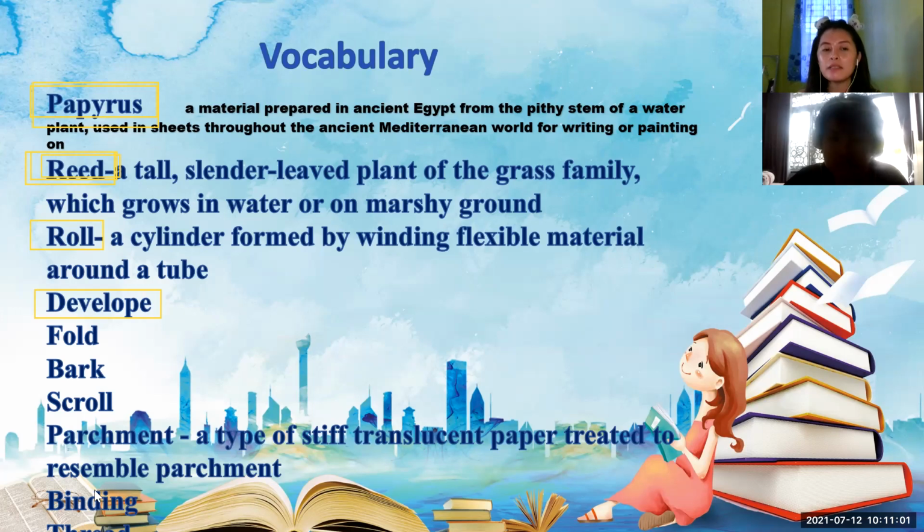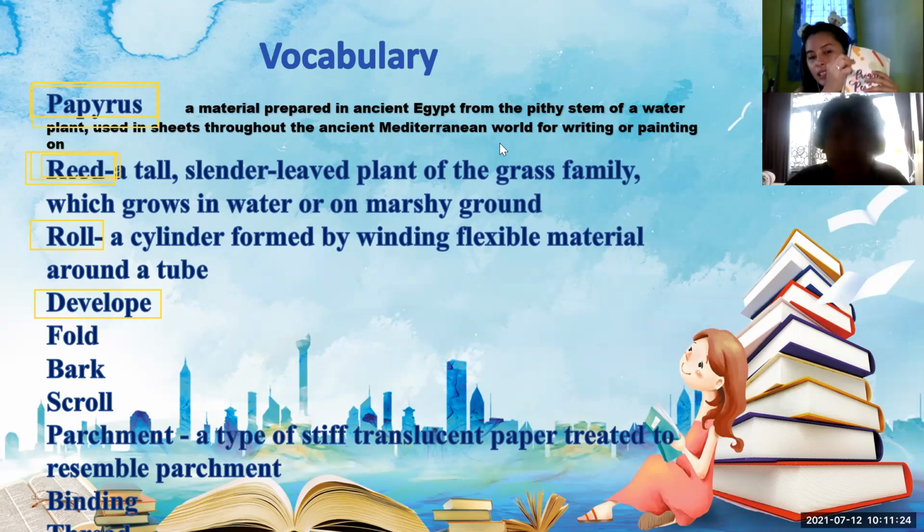And the next one is binding. When you say binding, for example, these are the papers. The binding is this one here, the edge. You will do something here so that it will be together and then you can use it as a book or notebook.